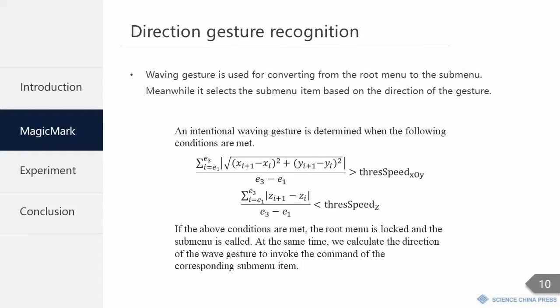Waving gesture is used for converting from the root menu to the submenu. Meanwhile, it selects the submenu item based on the direction of the gesture. To identify whether a wave gesture is intentional or unintentional, we use 3 adjacent positions. An intentional waving gesture is determined when the following conditions are met.